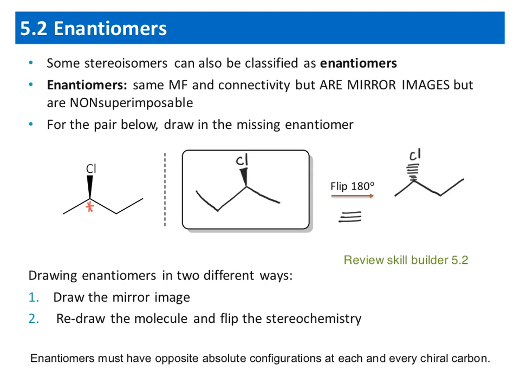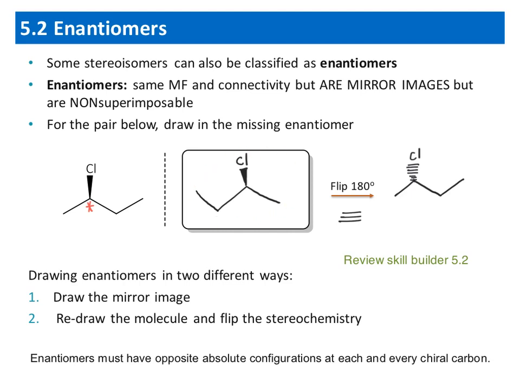You can draw them in either way, right? They are the same. I personally prefer the second way while drawing the enantiomers. It's easier to follow, I believe. If you redraw the same bond connectivity as you see and just flip the stereochemistry, it's sometimes easier than drawing the mirror image.